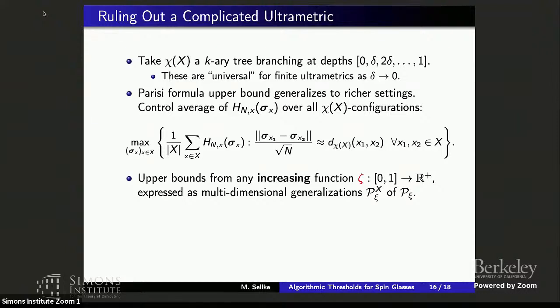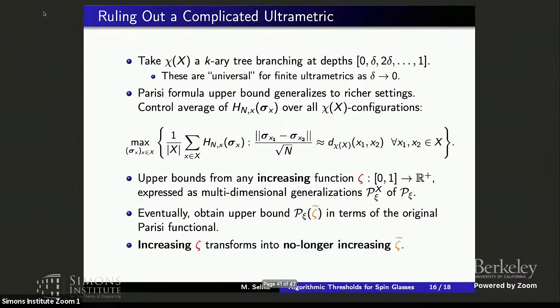So just like in the classical Parisi formula, somehow if I give you any increasing function, it can be plugged into this type of upper bound scheme, and you get an upper bound at the end. So you can express this as a multi-dimensional generalization of these Parisi functionals. And it turns out that if you work at it, you can transform this multi-dimensional Parisi functional back into some stuff in terms of the one-dimensional Parisi functional.